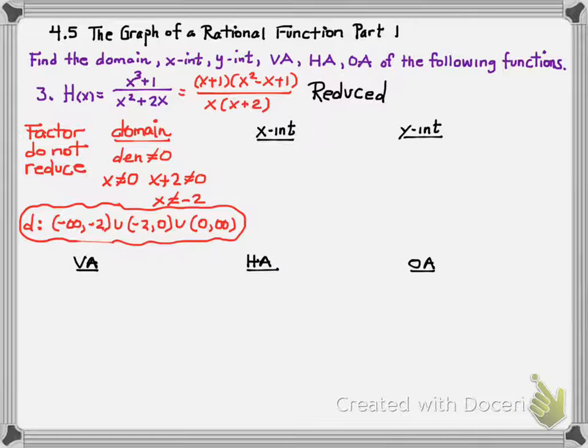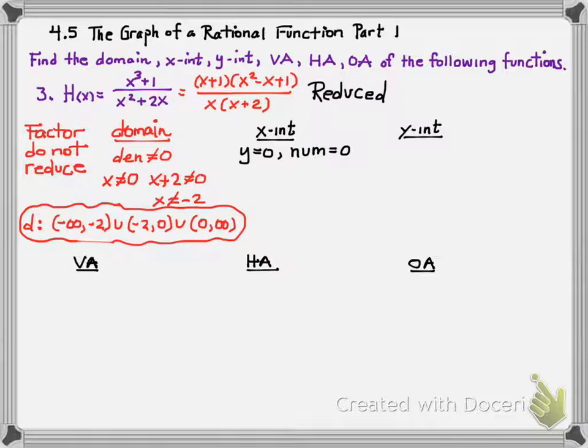Now I'm going to move on to the x-intercepts, and that's where we let y equal 0. Since this is a rational function, as long as the numerator equals 0, that makes the whole function equal to 0. And since this is reduced already, even though we factored it, we can use the original function, which might be nicer to deal with.